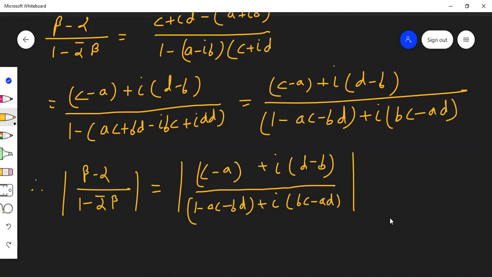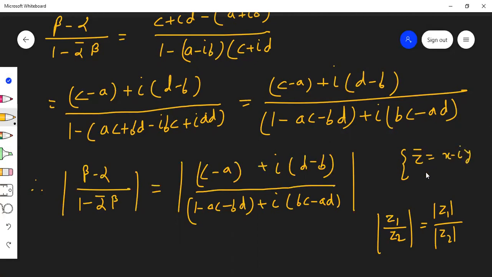Since we know the modulus of Z1 by Z2 can be written as the modulus of Z1 by the modulus of Z2, we will use this formula. Also, we have used another formula here, which we should write. What was that formula? That z bar is equal to x minus iy if z is equal to x plus iy.